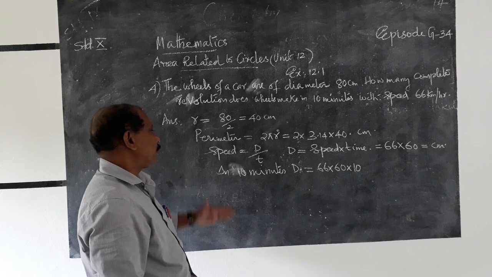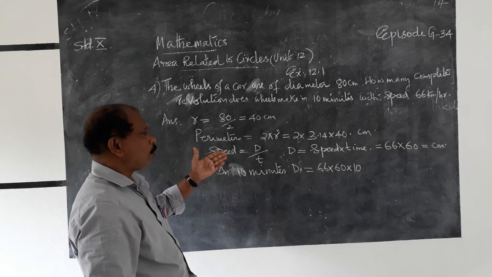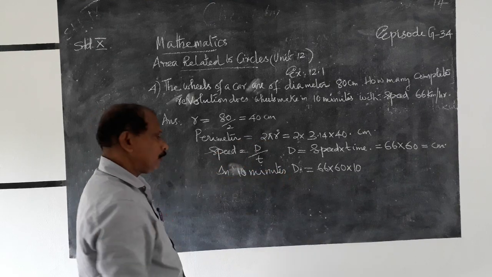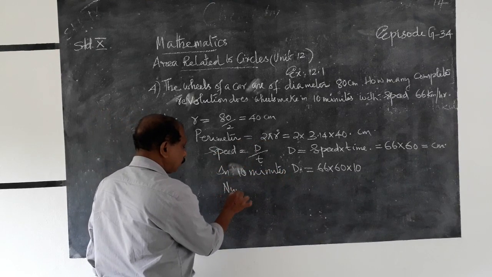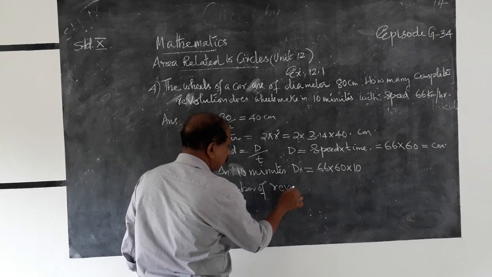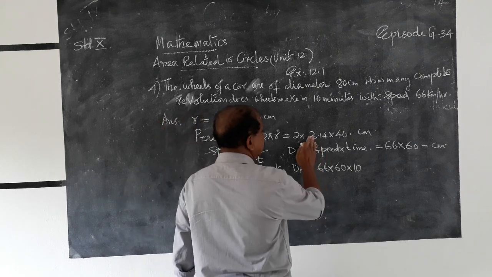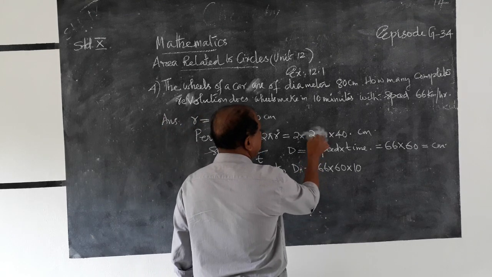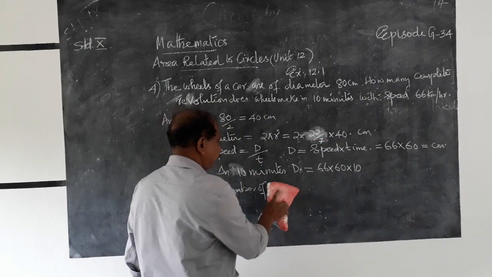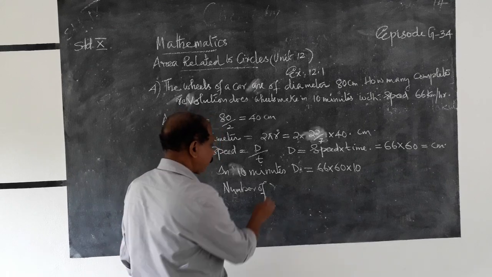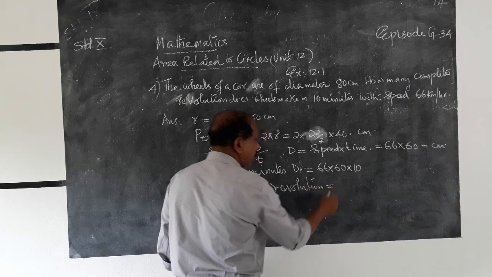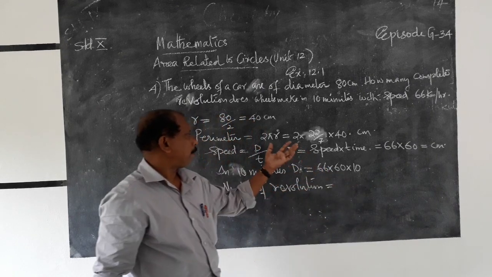Then 2 pi r into n is equal to this distance. Therefore, the number of revolutions is equal to this distance by perimeter.